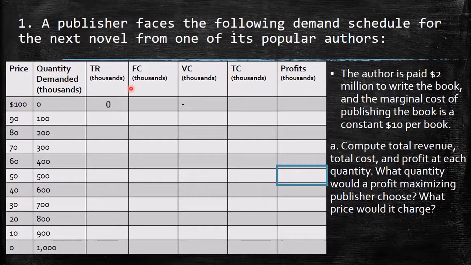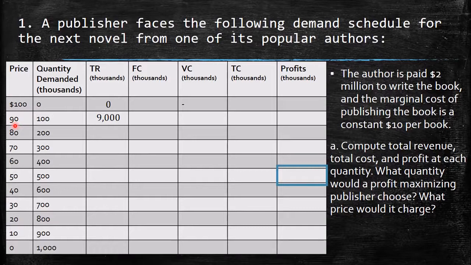First, total revenue, remember, is identified by the quantity that you sell times the price. If the publisher sells a book at $100 each, they're going to sell 0 units, so it's going to be 100 times 0.